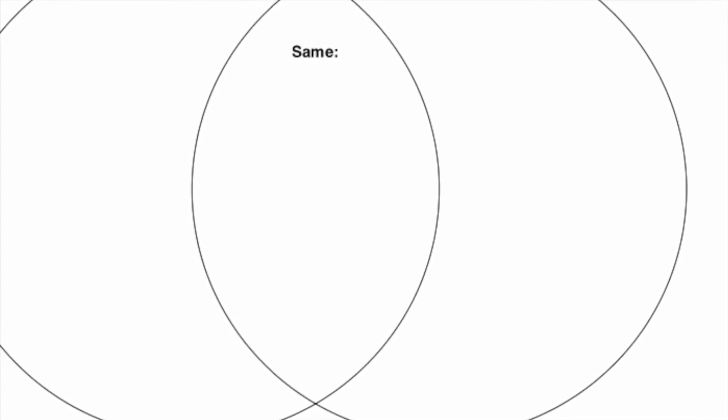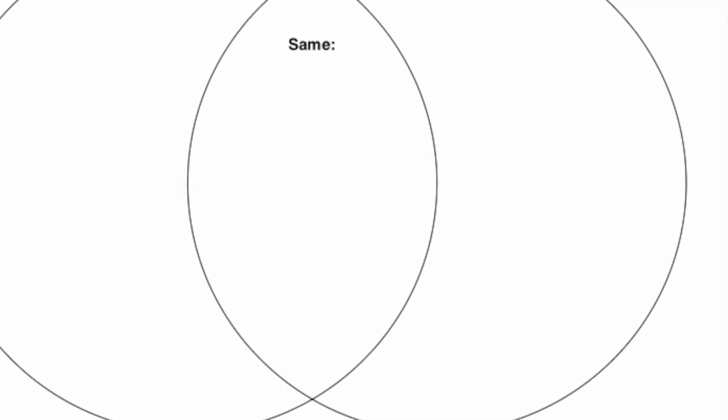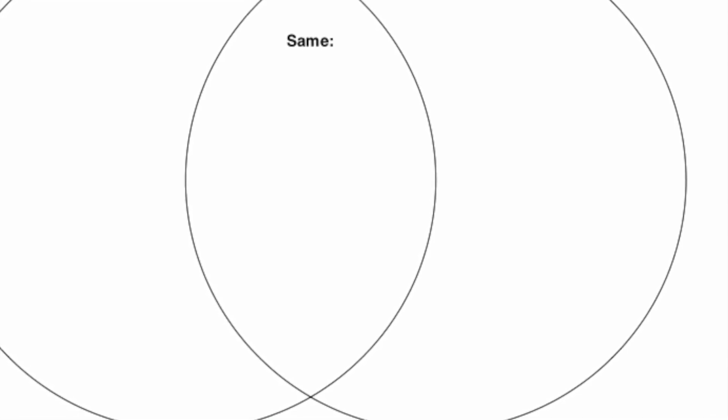And then in the middle, she'll explain the similarities and have a visual of the similarities between the two characters, such as if they both had brown hair or blue eyes, or if they were very happy people.